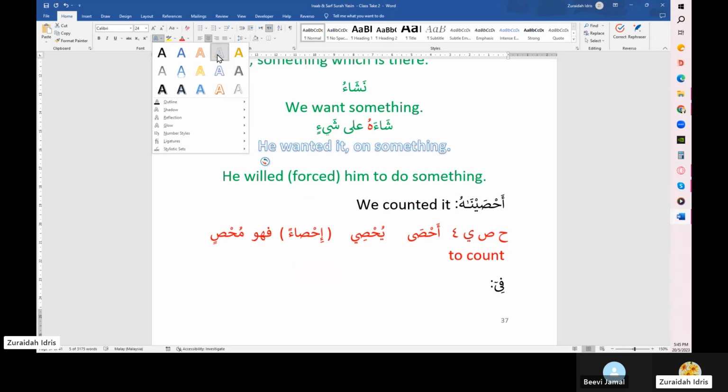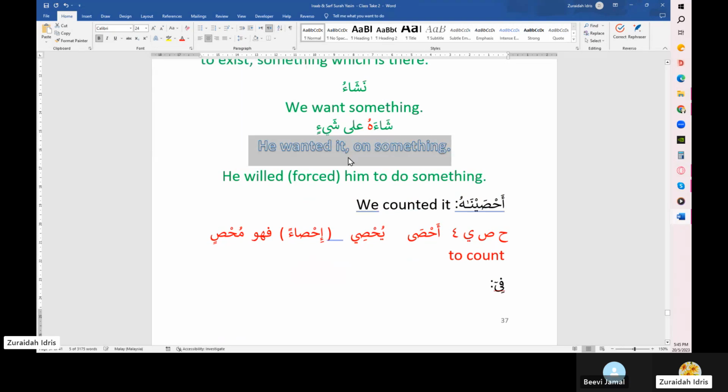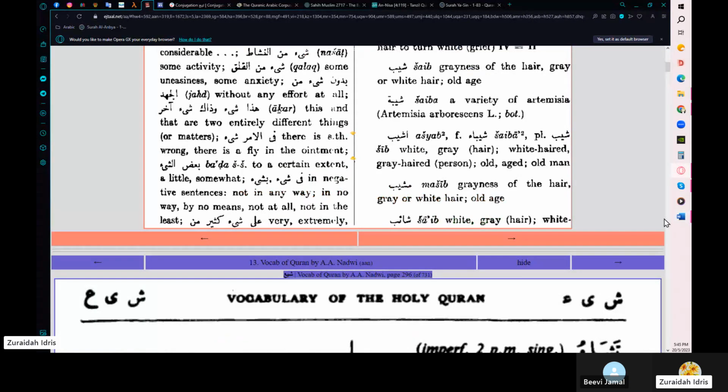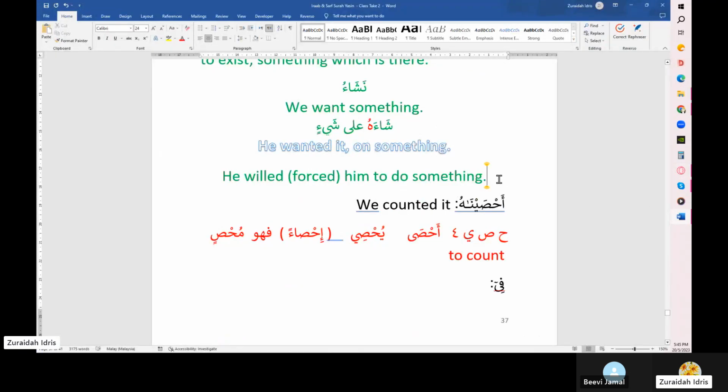Okay, so this is the literal translation, more or less. But in actual fact, you can also say he willed or forced him to do something. Sha'ahu ala shay, we saw that there. The word ala seems to emphasize it, very extremely. So I thought, okay, that's something different that we can see.